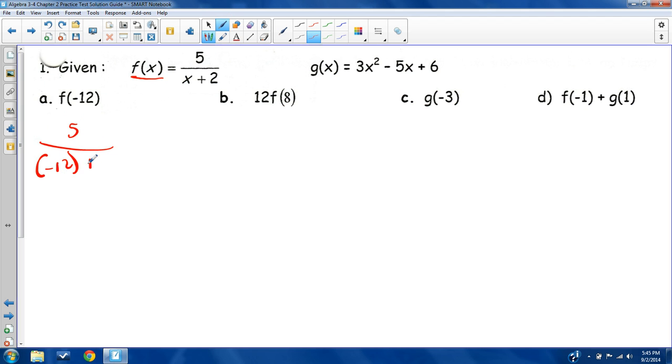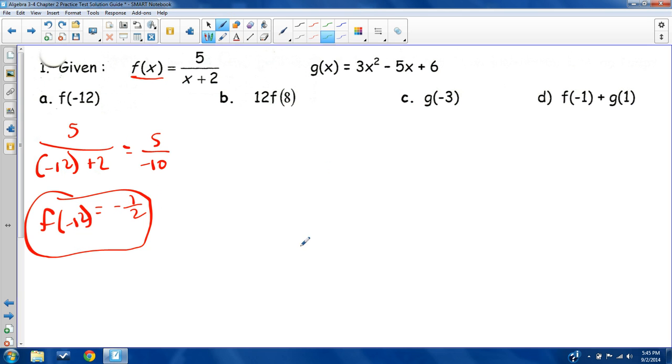You get 5 over negative 12 plus 2, which is 5 over negative 10, which is negative 1/2. So the f of negative 12 is negative 1/2. Another way of putting that is there is a coordinate pair on this graph that is (-12, -1/2). Here was the x value, and here's the y value associated with it. Remember, there's only one y value we'll have.